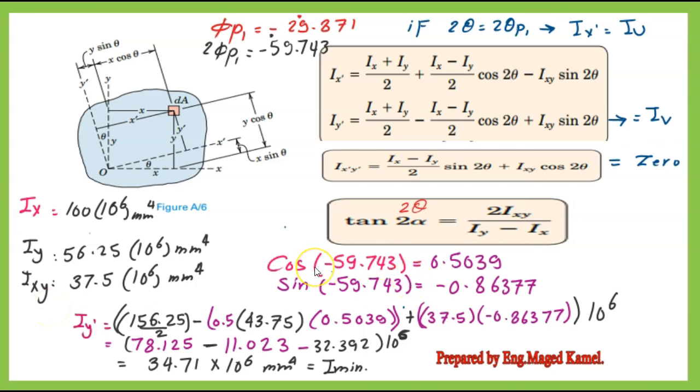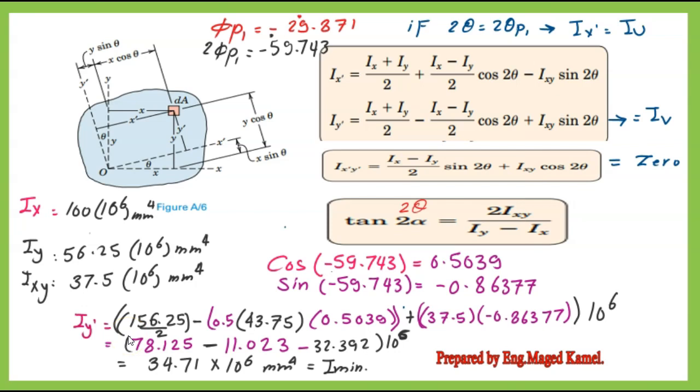For the I minimum, we consider 2 theta b1 equals minus 59.743, which has a cosine value of plus 0.5039. Its sine value equals sine minus 59.743 equals 0.86377.